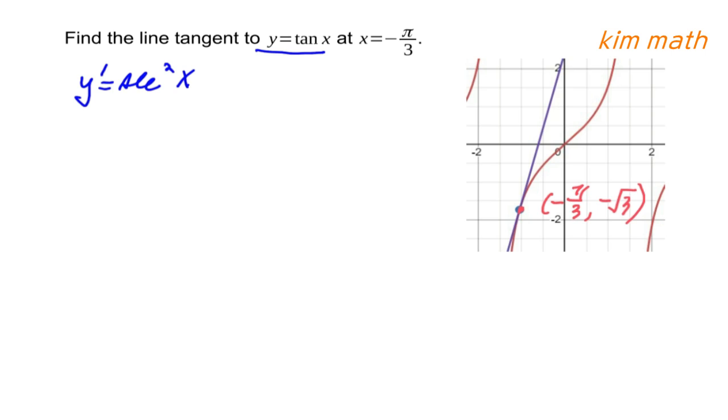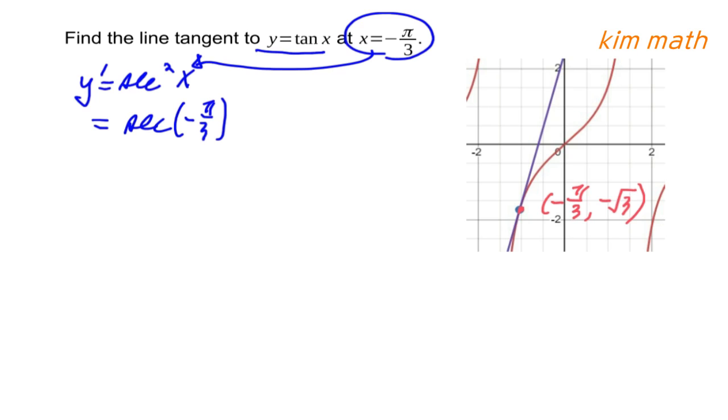Now to find the slope, you can plug in this value here, right? So this will be secant of negative pi over 3, this whole squared.